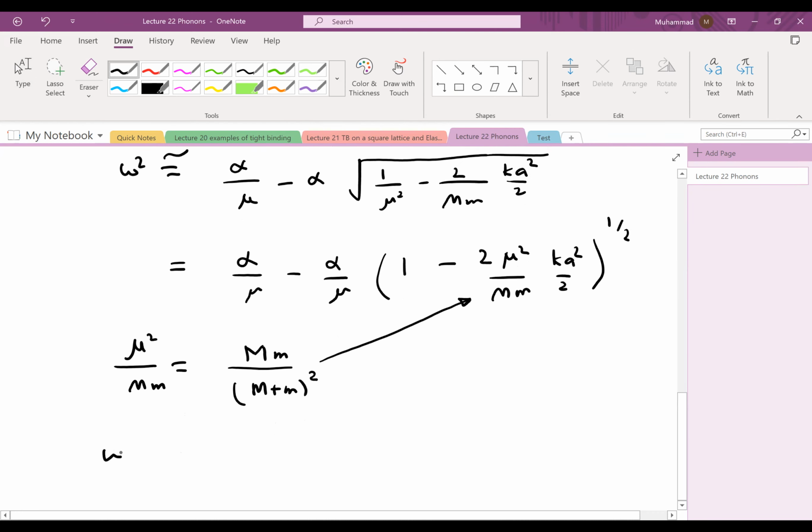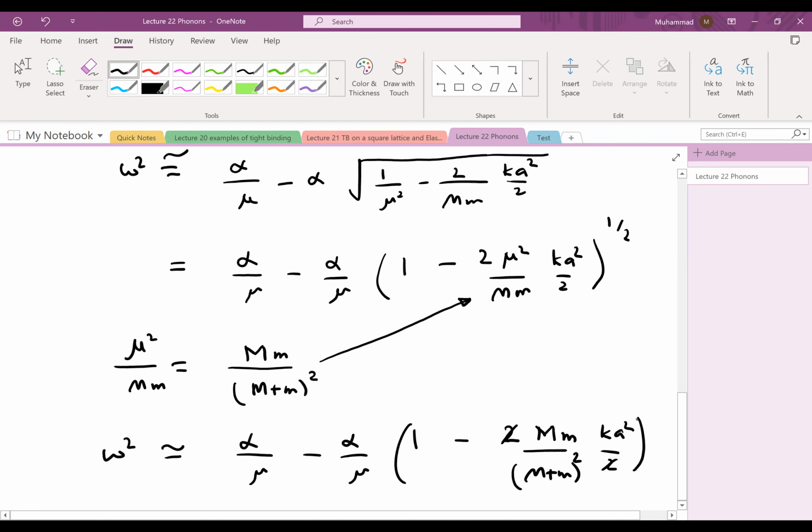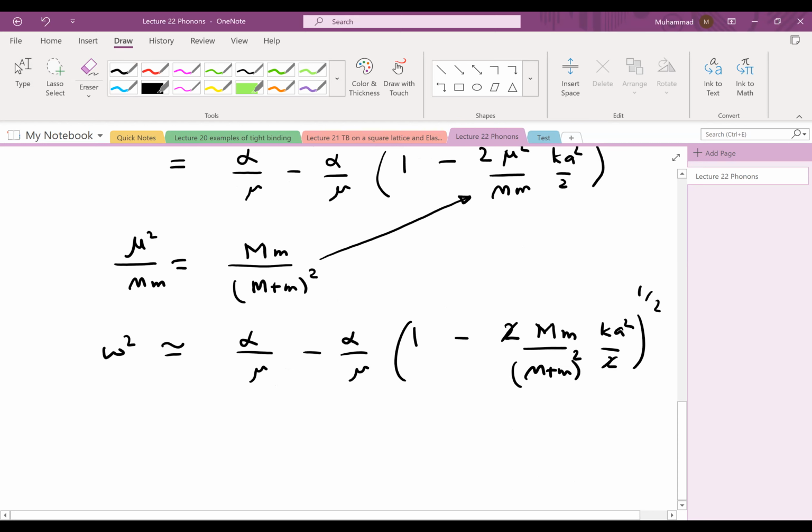My omega square turns out to be alpha over mu minus alpha over mu times the square root of 1 minus 2 M m over (M plus m) square k a square over 2. Just get rid of these 2's. So now if my k is really small, then this term is much smaller than 1. I can do the binomial expansion.